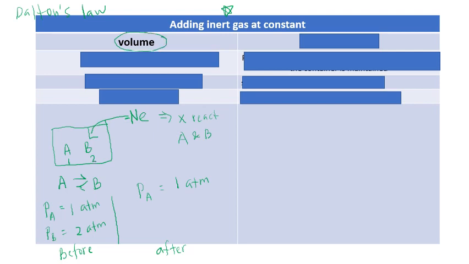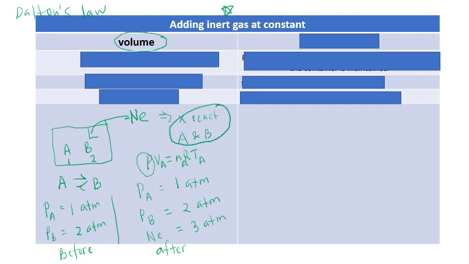Therefore, the partial pressure of A will still remain as 1 atm, because in the ideal gas equation the number of moles of A does not change, the volume does not change, and the temperature does not change. So the partial pressure of A confirmed has no changes. The same happens to the partial pressure of B, which remains 2 atm. Even if the neon gas has, for example, 3 atm, it is not involved in the system because it cannot react.